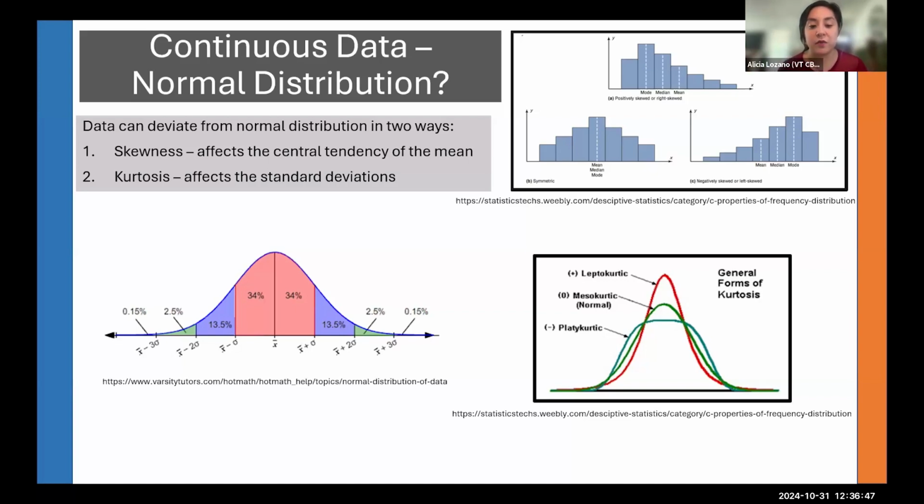Kurtosis, of course, affects the spread of your data because it changes how your values are dispersed around the mean. Recognizing skewness and kurtosis really helps us to understand our data better, which also helps us to choose the most appropriate statistical methods for analysis.